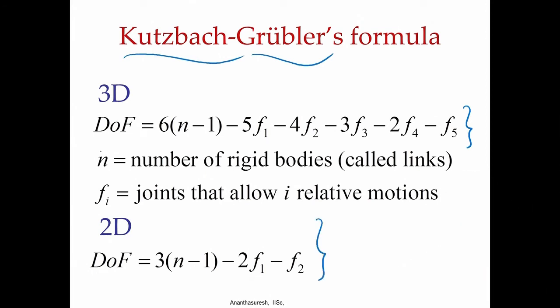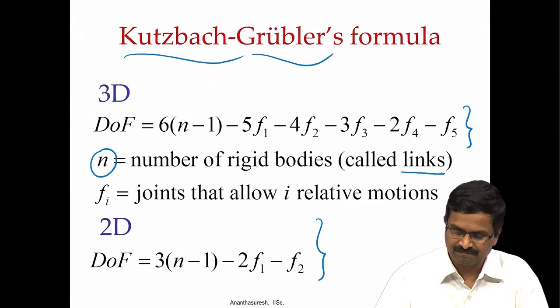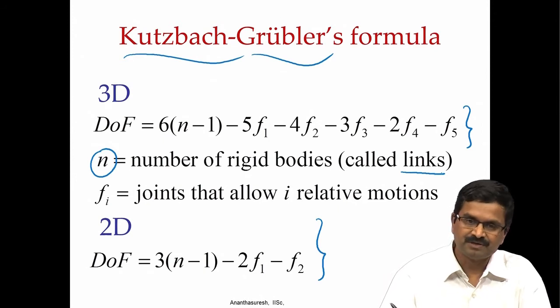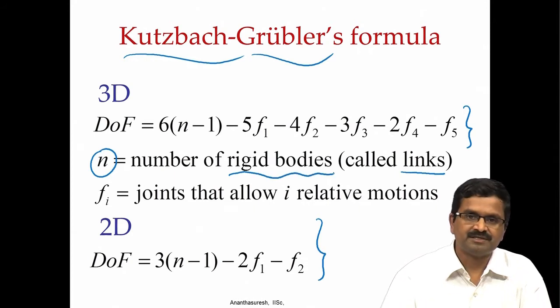Here n is the number of rigid bodies, and it is a misnomer that we always use the word links. Link normally means in plain language something that connects two things, but here we say it connects two joints. So, it is a kind of misnomer, but people normally use links when we should actually mean rigid bodies.